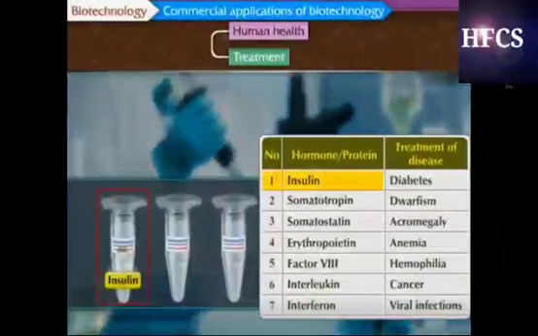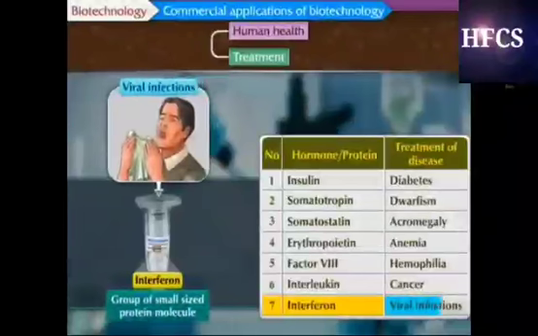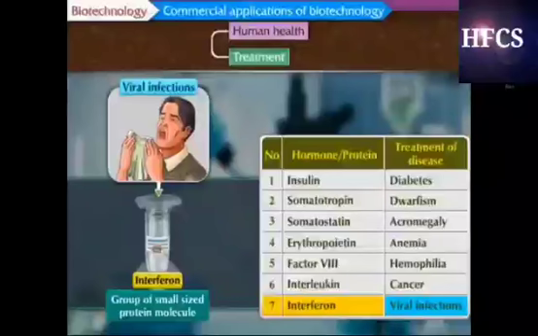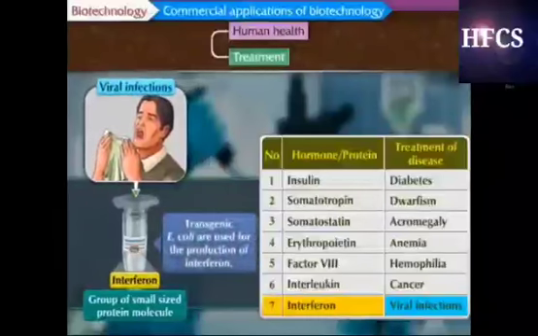Students, next is interferon. This is a group of small size protein molecules used in treatment of viral disease. These are produced in blood. Transgenic E. coli are used for production of interferon.